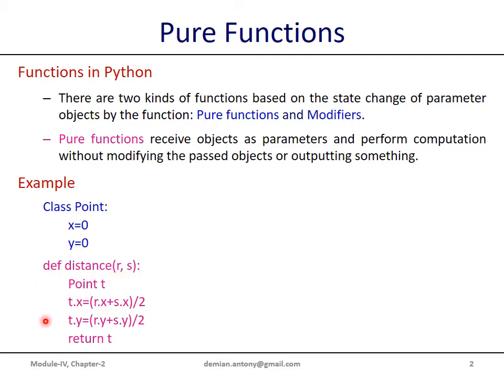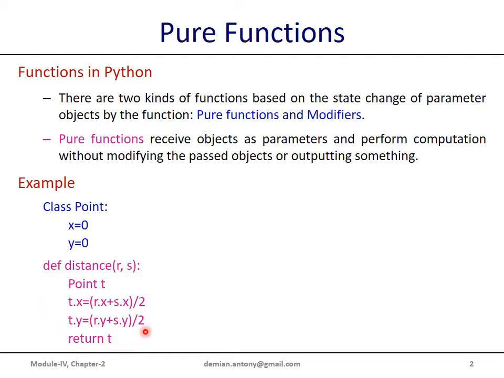What this function does is it takes the midpoint of these 2 points. r is a point, s is also a point. We are going to create one more object of point and then we calculate the midpoint of r and s, and then we return this new point which is the midpoint of these 2 parameters.